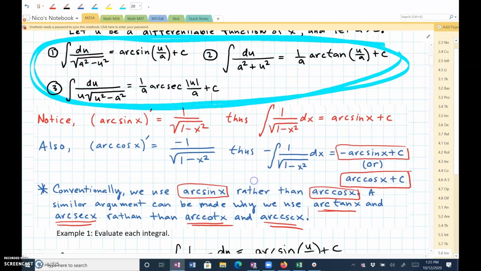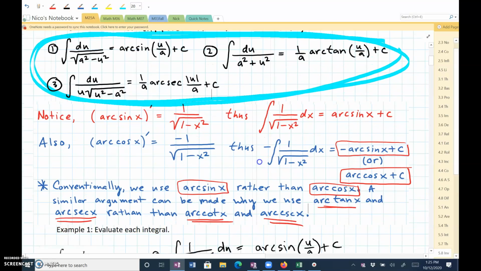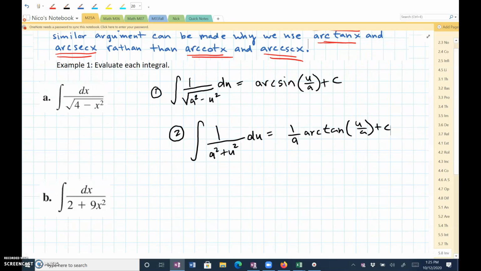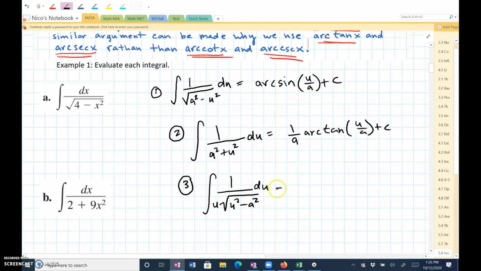That one. Or the integral of du over u times the square root of u squared minus a squared, which is equal to 1 over a arc secant of the absolute value of u over a plus c.